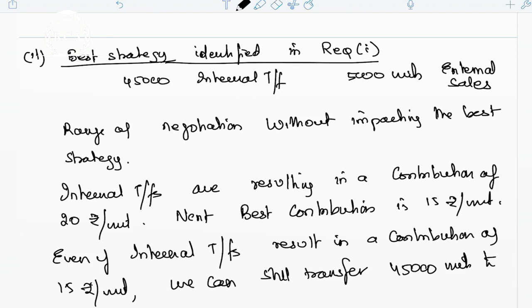Let us finish question number 22. We will now start question number 23, a similar question.